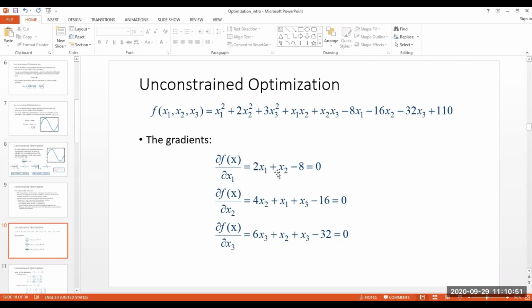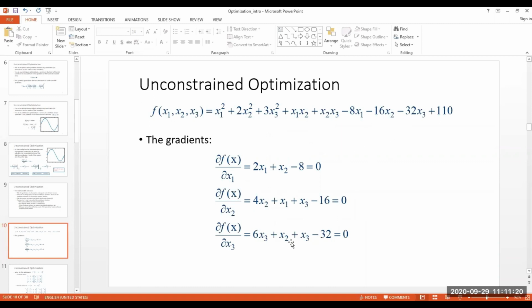Only either x1, x2, or all of them. Probably there is a mistake. I have to correct this. Let me check. 4x2 plus x1 plus x3 minus 16. So this should be 6x3 plus x2 minus 30.